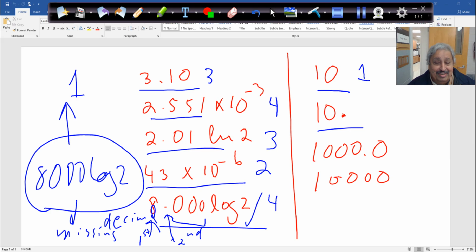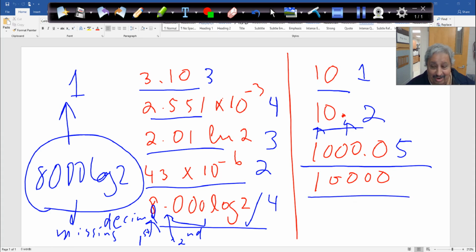How about this one here? 2. Why? Because it's meeting the two conditions: whole number before them and the decimal. Correct? How about here? How many? 5 or 4? 5. How about here? 1. Perfect.